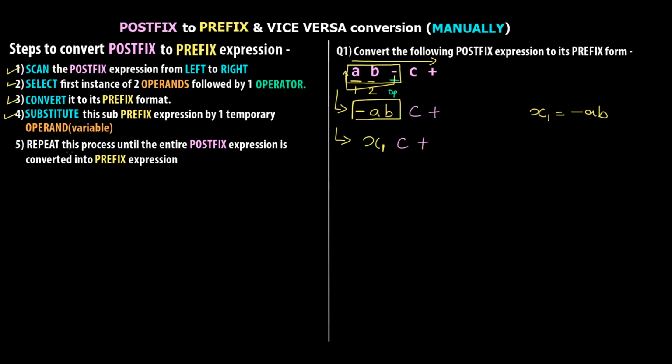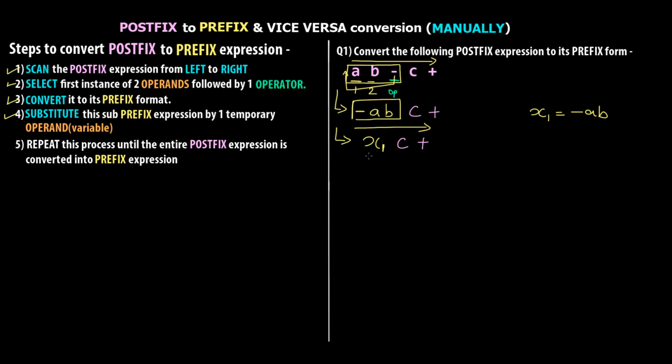Now step number 5 says repeat this process until the entire postfix expression is converted to prefix expression. Now if you observe, obviously we still have C and plus which is left to be converted to its prefix format. So again we will start with step number 1. We will scan from left to right. We will see the first instance of 2 operands followed by operator.